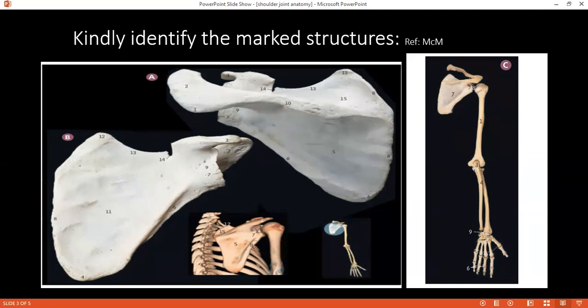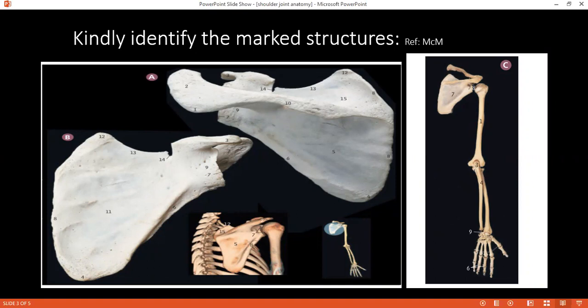Very good. Okay, what are the factors which decrease the stability of the shoulder joint? It is the shallow glenoid cavity, and the lax ligaments, and also the presence of the quadrangular space on the inferior aspect of the joint, which makes it weak.